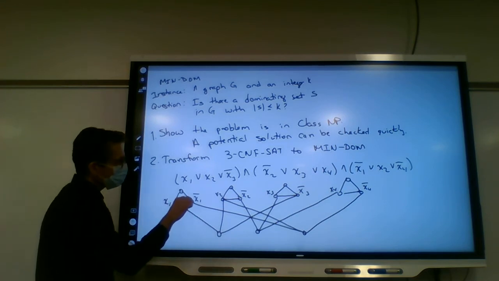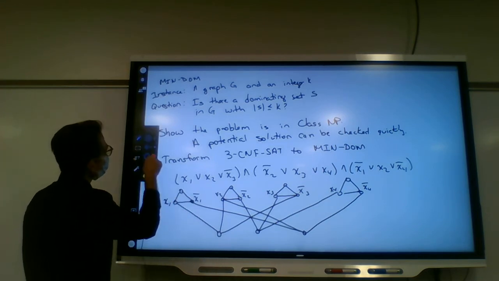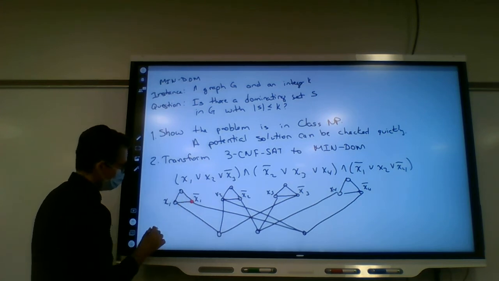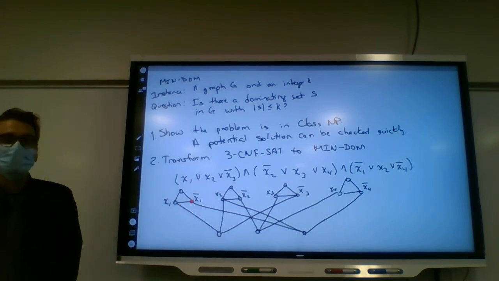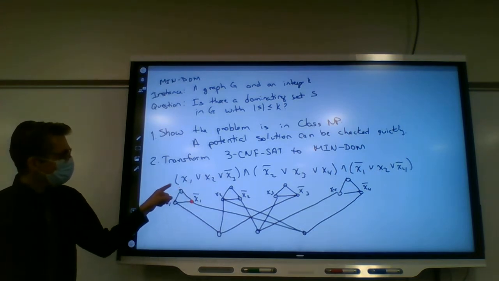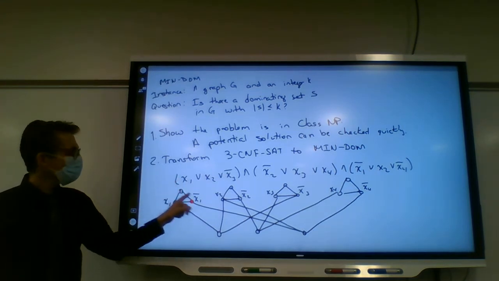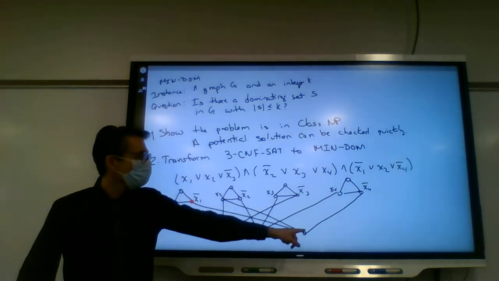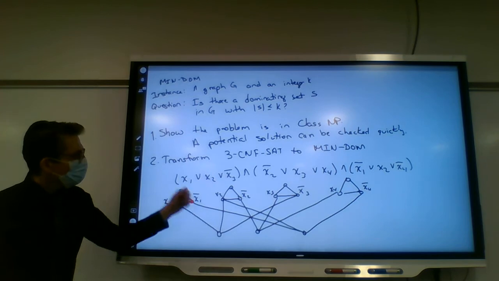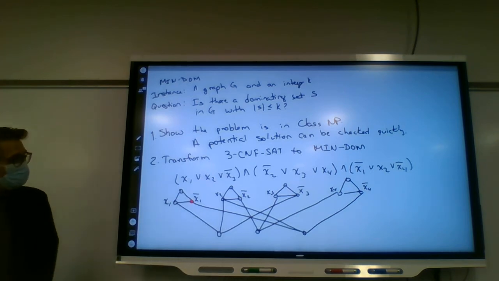Pick not x1? No, should make that red. Not x1. All right, so now what has been dominated? This triangle has been dominated, and that clause over there is okay. Right, that vertex.